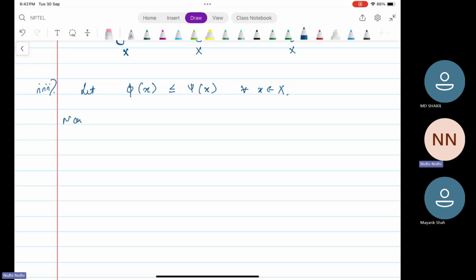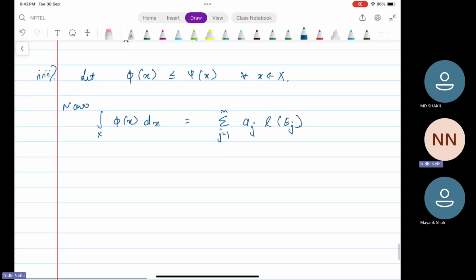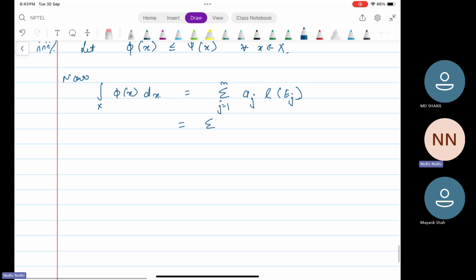Now, integral over X of phi(x) dx is equal to summation j from 1 to n aj, length of the intervals Ej. Now this is equal to summation j from 1 to n aj, length of union k from 1 to m Fk intersection Ej.